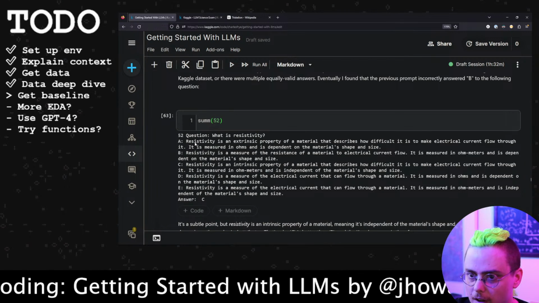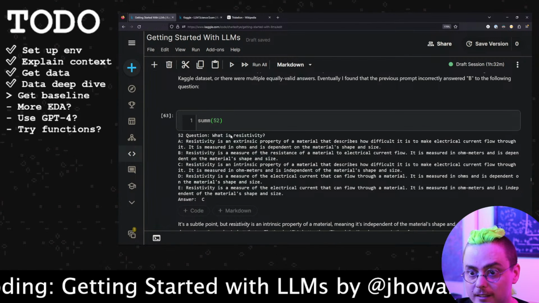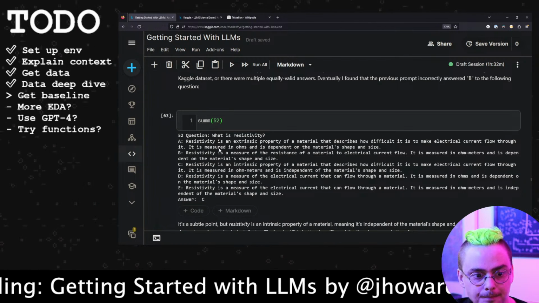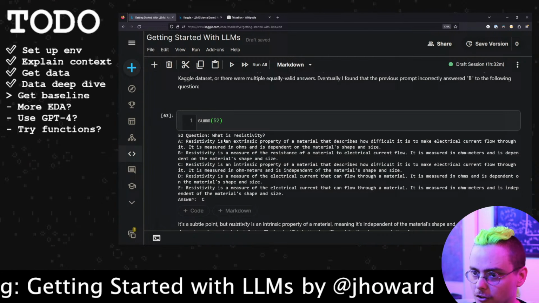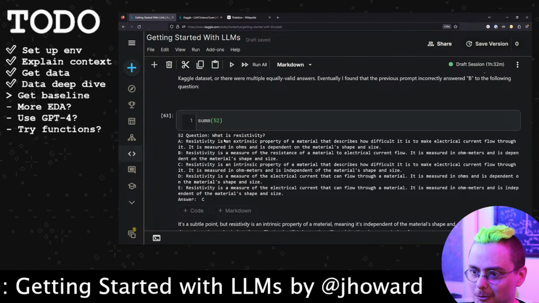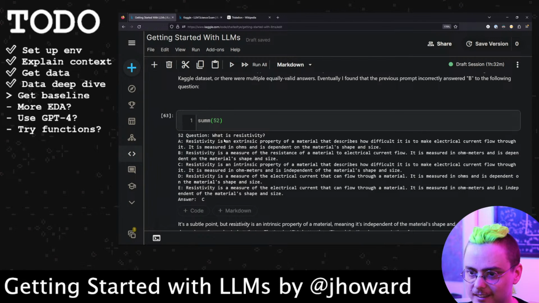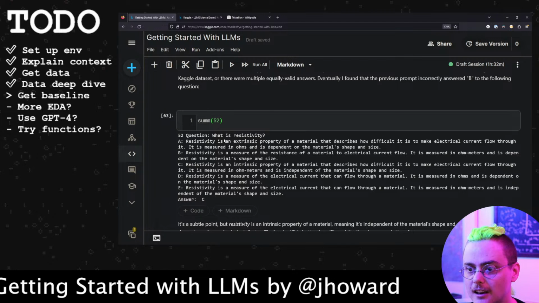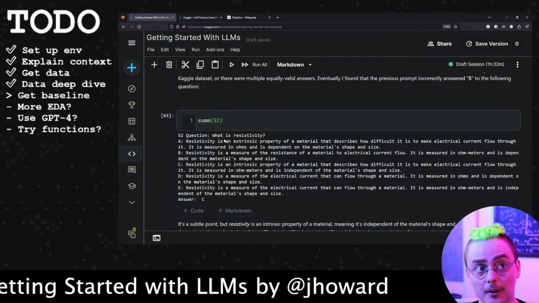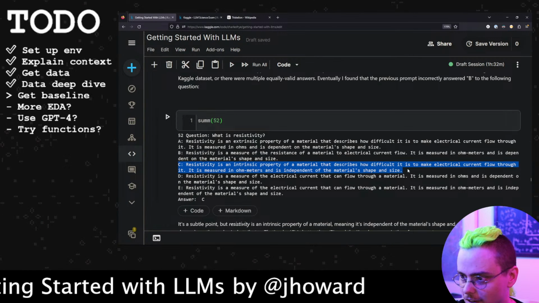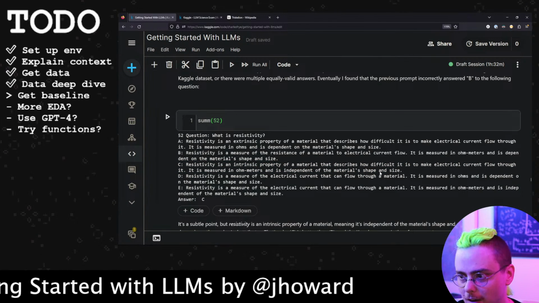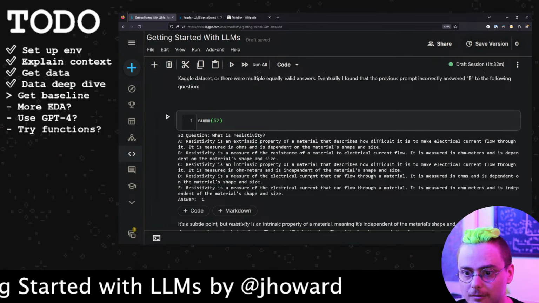So this question is about resistivity, which is similar to, but not quite the same as, resistance. Resistivity is an intrinsic property of a material, as mentioned in this correct answer. It's about how difficult it is to make electrical current flow through something.